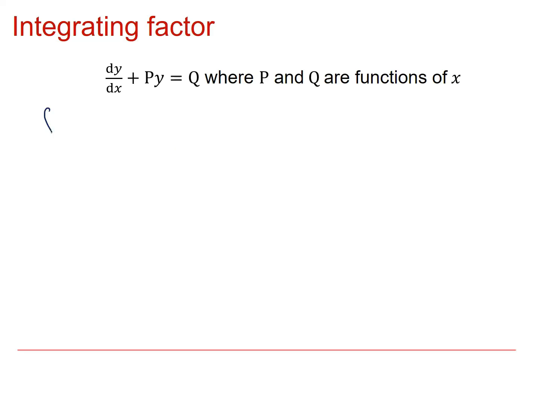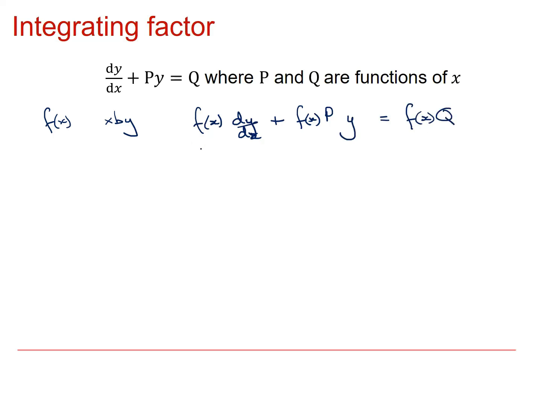Well, we want a function of x which, when we multiply through, we get our function of x times dy by dx, plus our function of x times p, which is also a function of x, times y, is equal to, obviously, our function of x times q, which is another function of x.